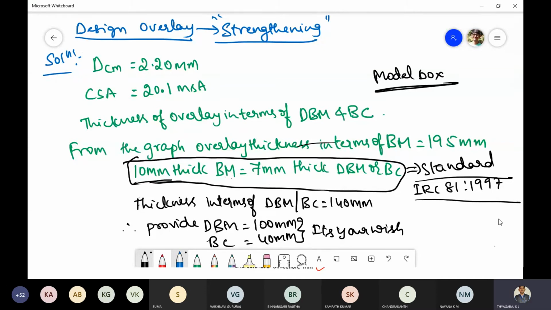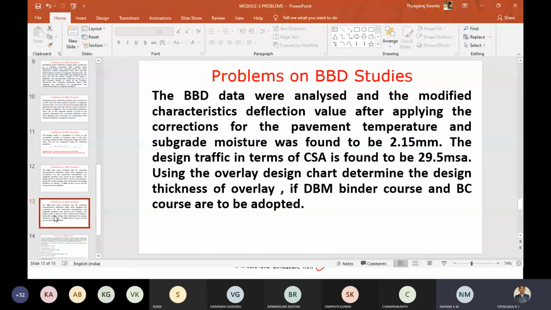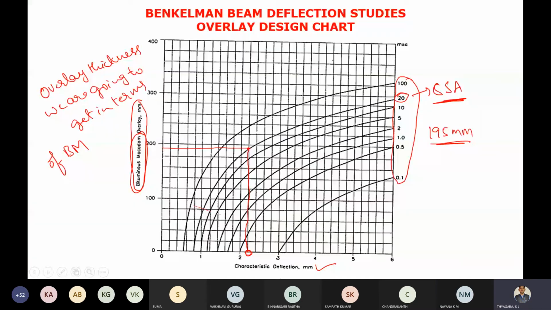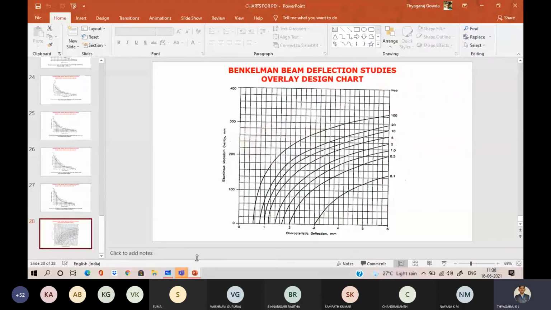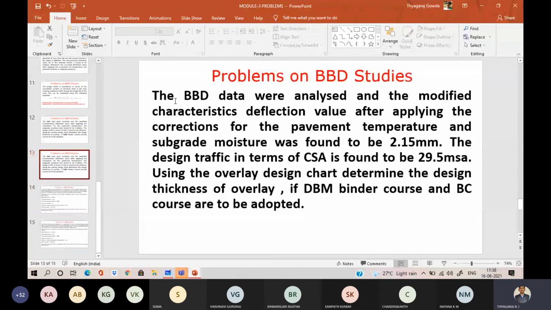We'll move to the next problem. Note down the next problem. There are only 2 problems left. After solving these 2 problems, I am going to leave the class. So kindly note down.